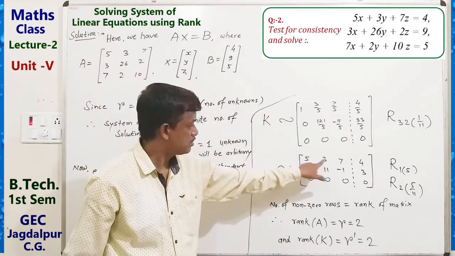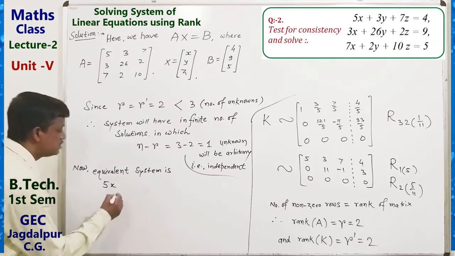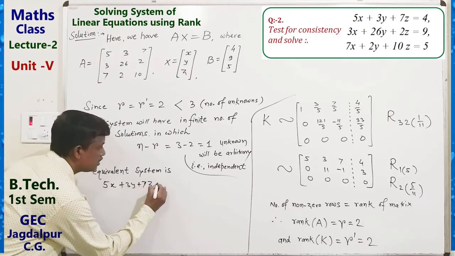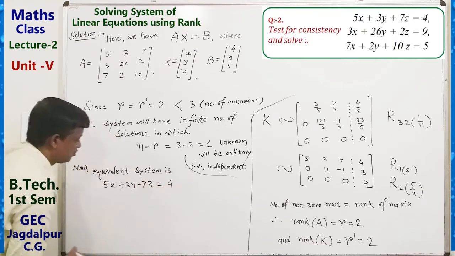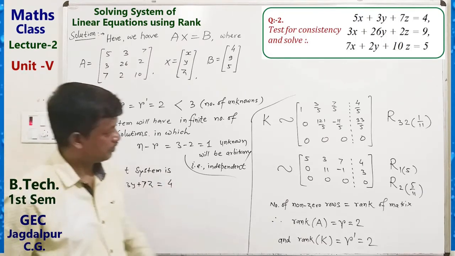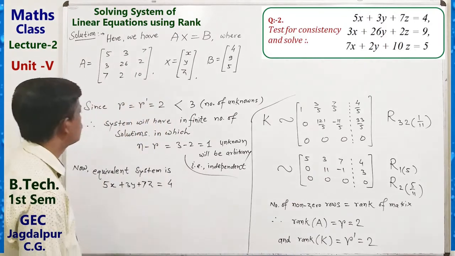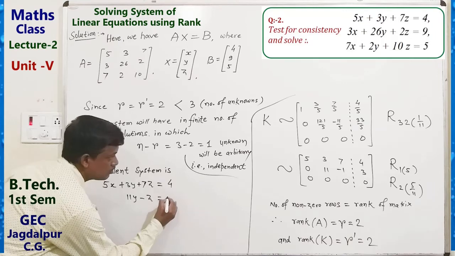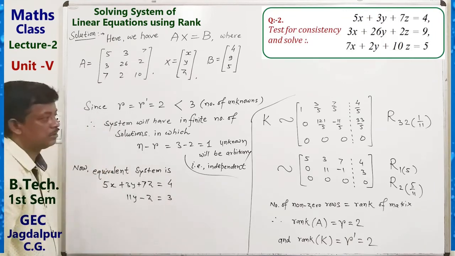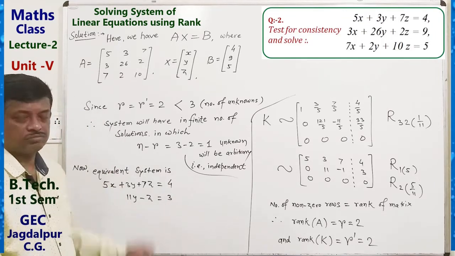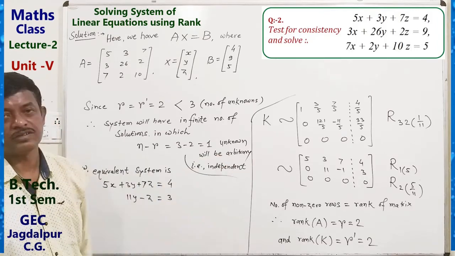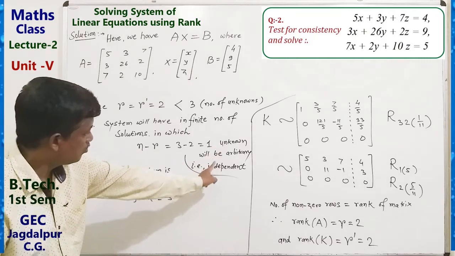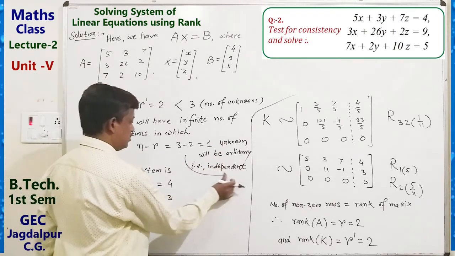So 5x plus 3y plus 7z equals 4. Second equation, 11y minus z equals 3. Only these two, and the remaining is 0. So this is the equivalent system. So one unknown will be arbitrary, independent.